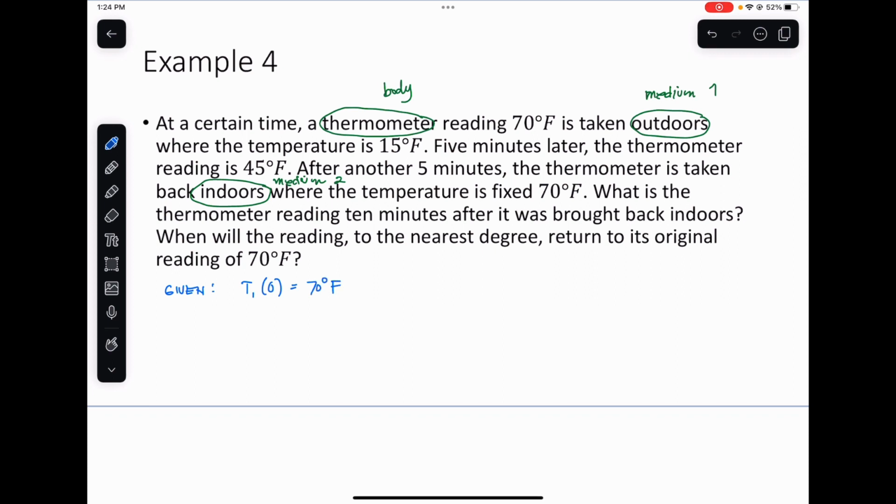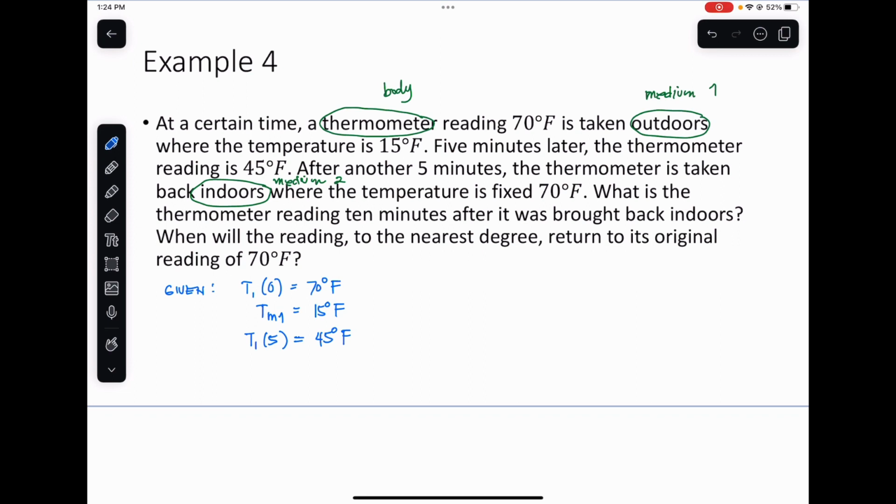And then the temperature outdoors is 15 degrees Fahrenheit, so that means our Tm1 is equal to 15 degrees Fahrenheit. Five minutes later, the temperature reading is 45 degrees Fahrenheit. So that means after 5 minutes, from indoor to outdoor, it drops from 70 to 45 degrees Fahrenheit.